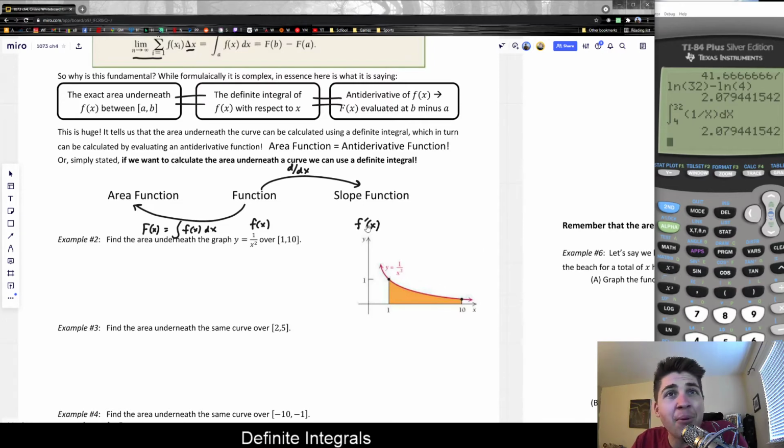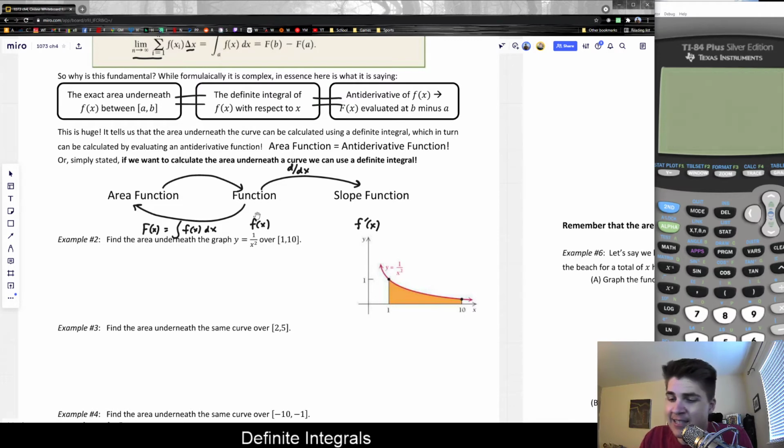There is no prime for an antiderivative. And in the same way, if you took the derivative of an area function, it would return you back to the original function. So if you take capital F prime, that's equal to f. And similarly, if you take the antiderivative of a slope function, it will return you to the original function.